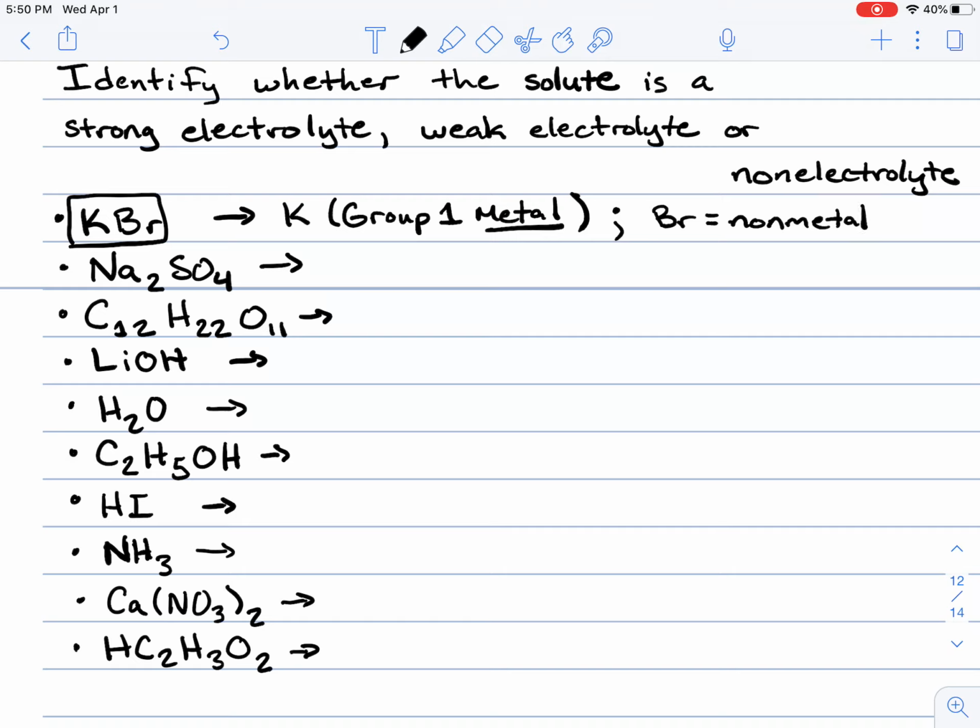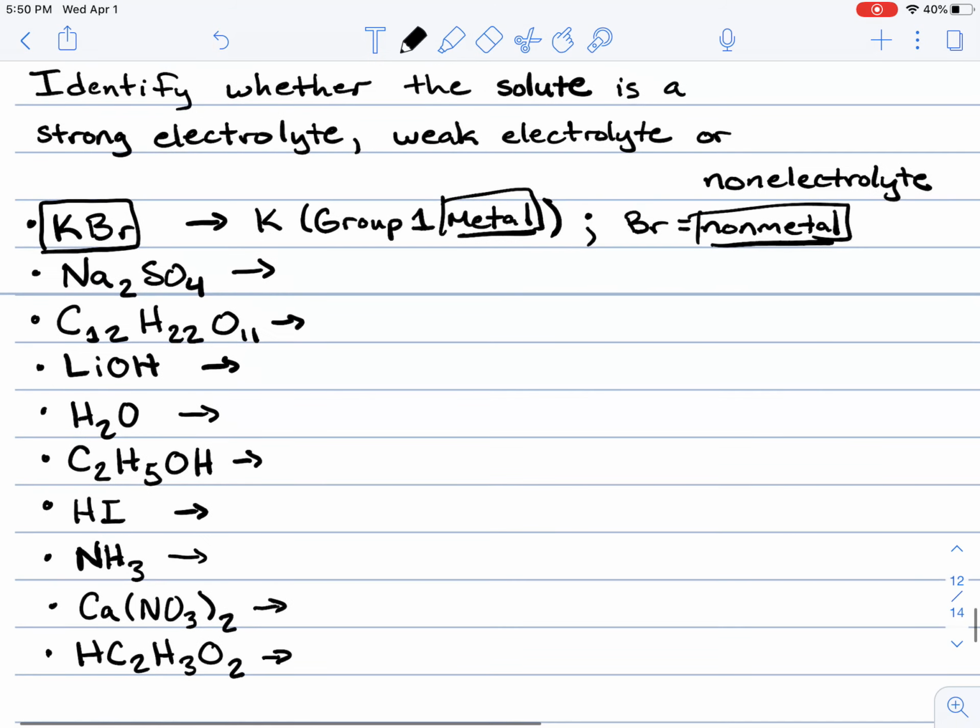If you recall, the staircase represents the semi-metals or metalloids in the periodic table. Anything to the right of that is going to be a nonmetal. Anything to the left of that staircase, where your semi-metals or metalloids are found, is going to be your metals. And so since we have a metal to a nonmetal, this is telling us that KBr is an electrolyte.